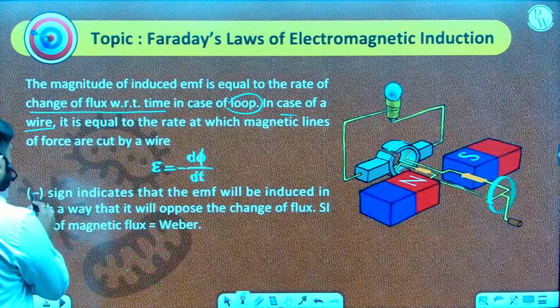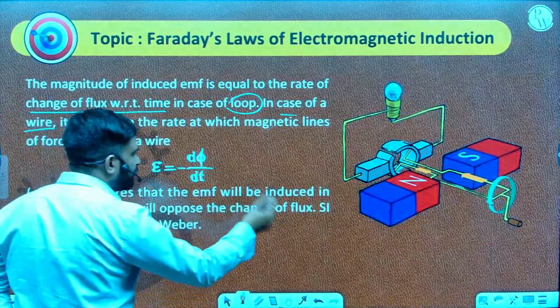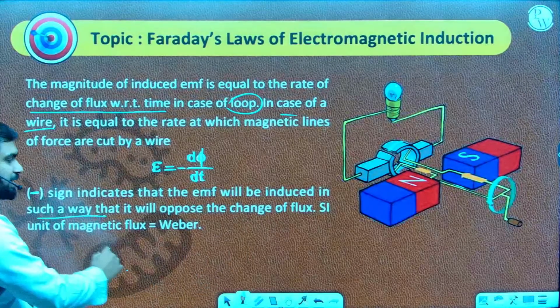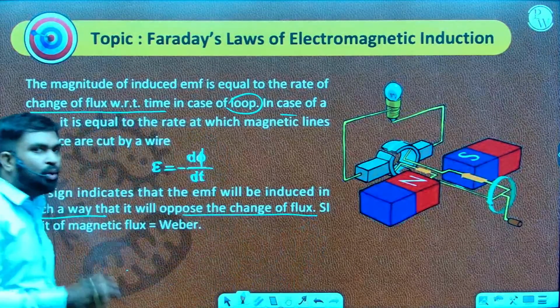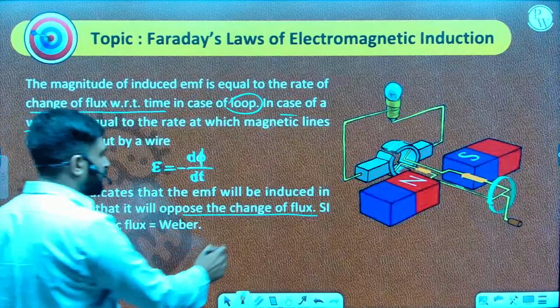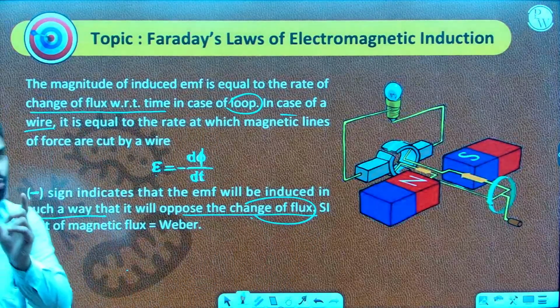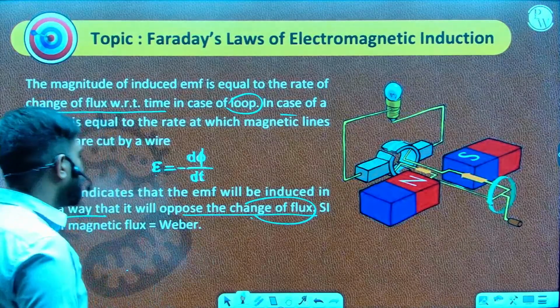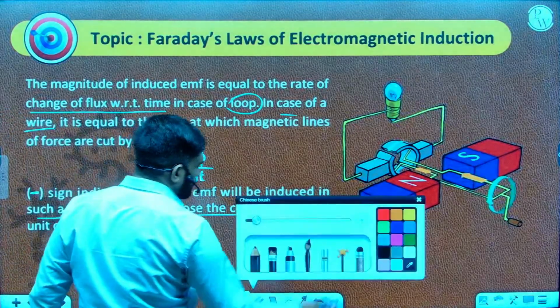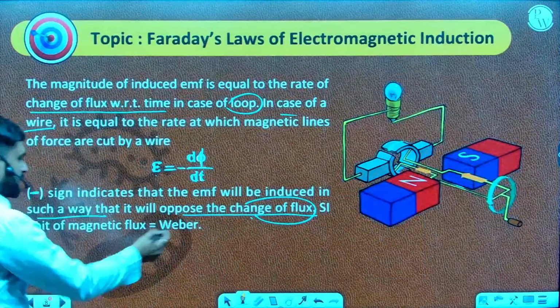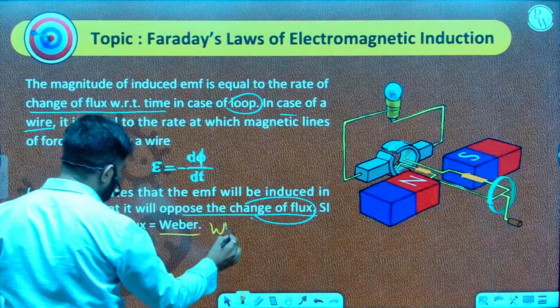The minus sign just indicates that the EMF will be induced in such a way that it's going to oppose the cause which produced it, the change in flux, because the flux was changing. That's why the EMF was induced. So it's going to oppose the cause which produced it. They have mentioned the unit of magnetic flux as Weber. We already know this.